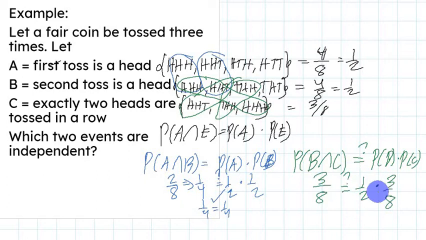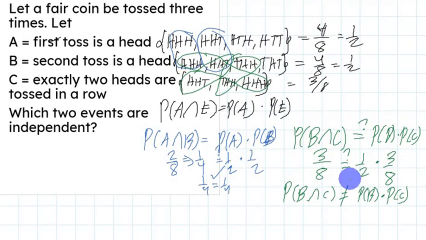Well, obviously not. So therefore, the probability of B and C is not equal to the probability of B times the probability of C.